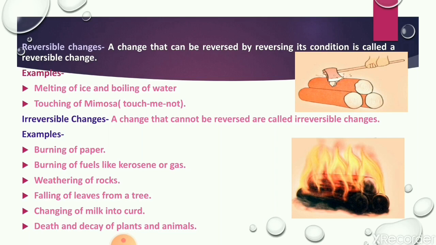We cannot get back the original paper from this ash or smoke. So it is an irreversible change. Then weathering of rocks, falling of leaves from a tree, photosynthesis, burning of fuels, and death and decay of plants and animals are all examples of irreversible changes.